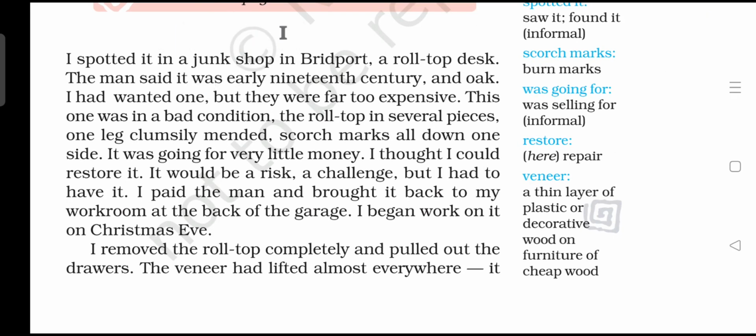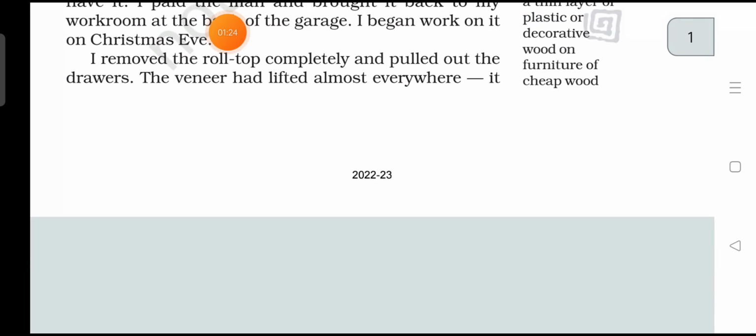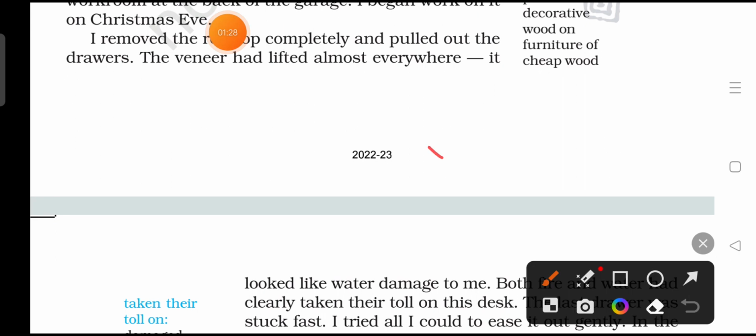You all have seen your desk, right? I think you all have seen, okay? So desks are simple desks, right? But a roll top desk, you have seen some people sitting where their desk is slightly rolled at the upper side, and here is the table in which they work by sitting here.